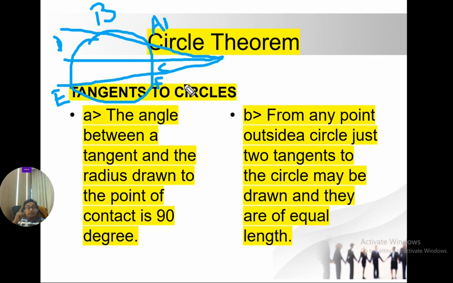It will cut the circles at two different points.